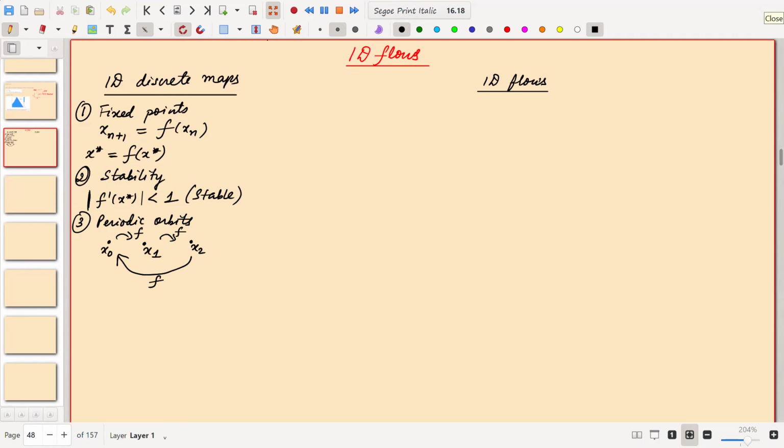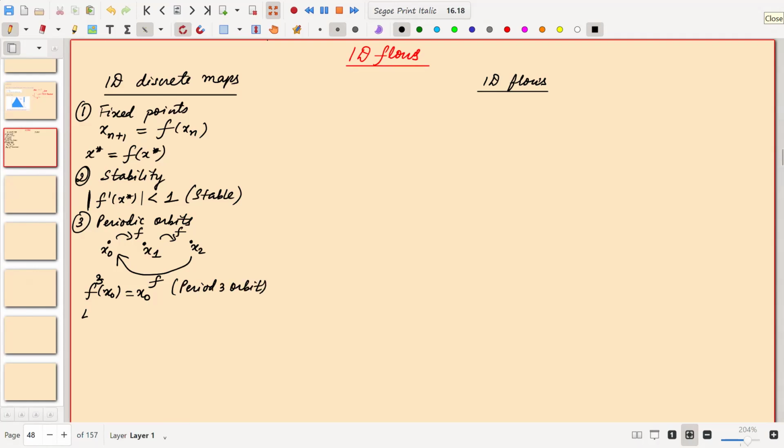If you apply f 3 times to x0, you return to x0 again. So it's a period 3 orbit.